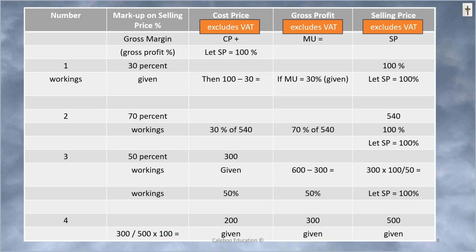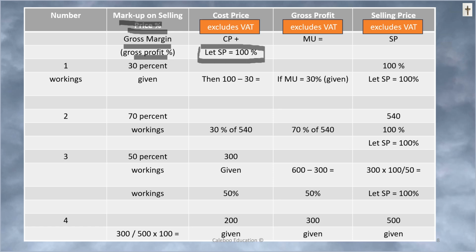In this table, I'm going to deal with the markup on the selling price. The markup on the selling price is also known as the gross margin or the gross profit percentage. When I'm dealing with the markup on the selling price, we let selling price equal 100%.